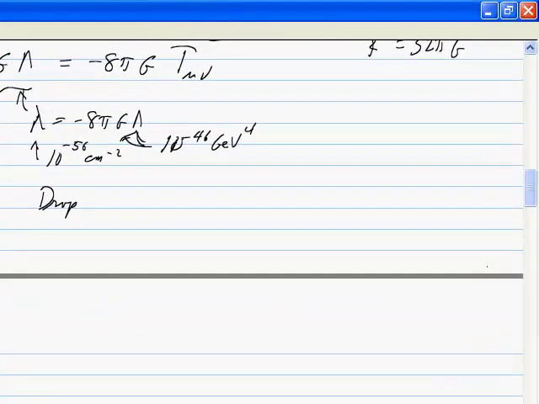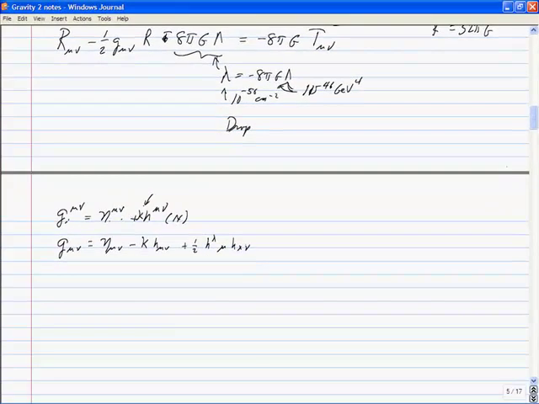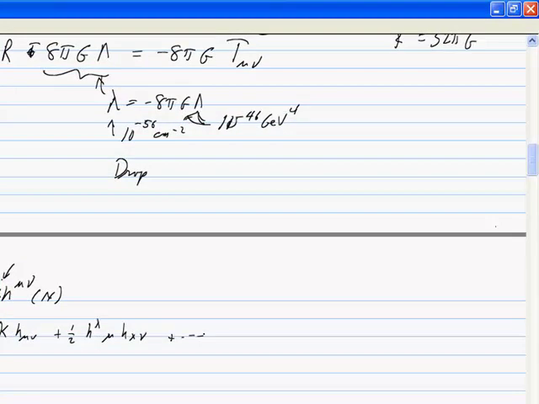Eta mu nu minus kappa h mu nu plus 1/2 h lambda mu h lambda nu plus dot dot dot. So technically we can, and there's kappa squared there of course.